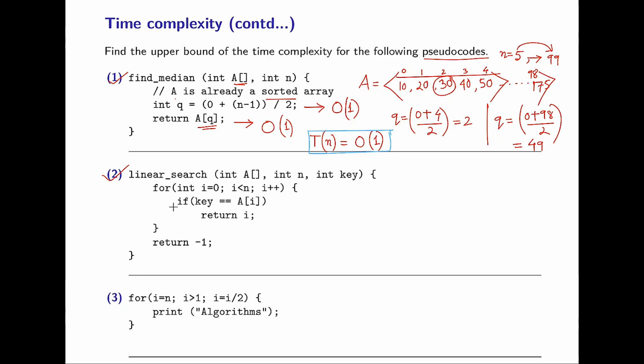How many times the statements inside the innermost loop execute will decide the time complexity of the algorithm. So here there is only one loop. How many times this loop is going to execute will decide how many times the statement inside the loop will execute, and that will be our time complexity.